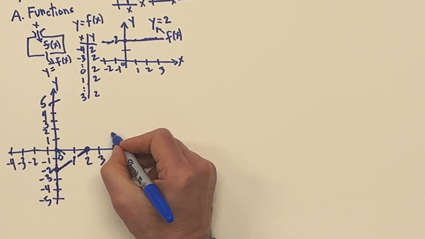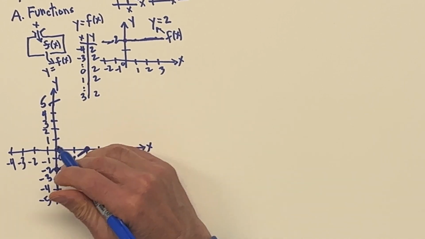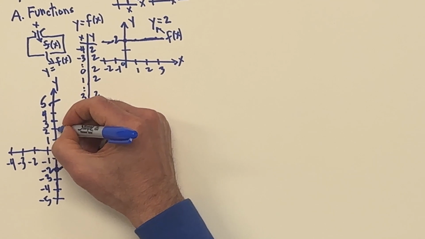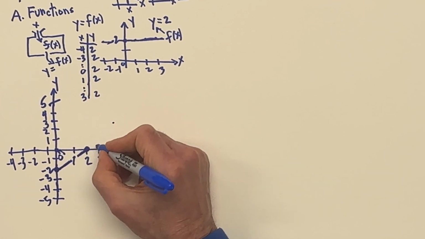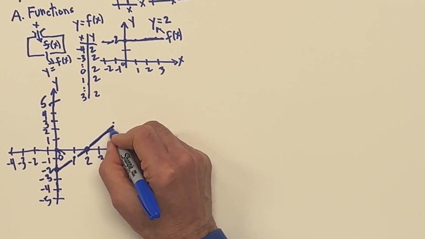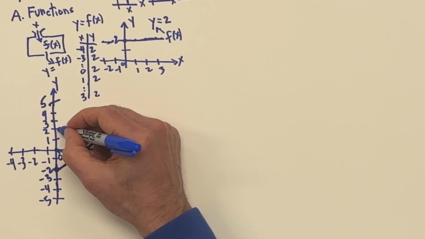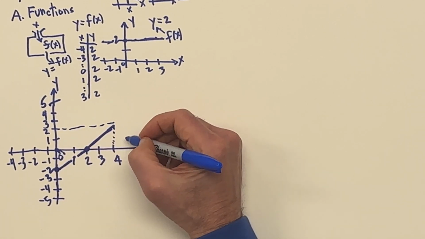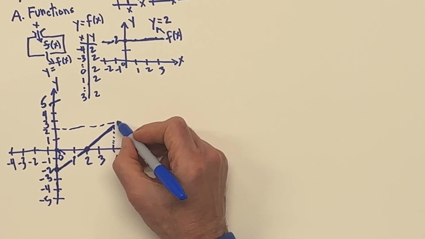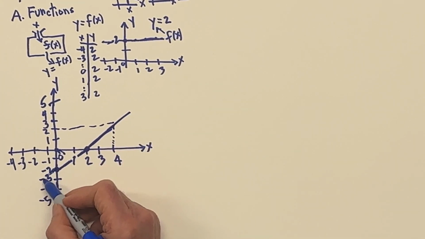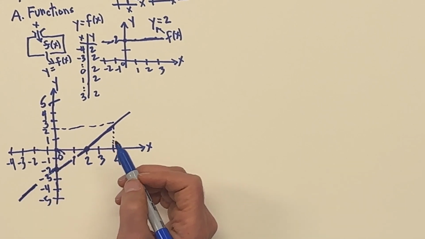So if I want to keep that in the same line, if I go over 2 to 4, I would need to go up 2 more. So that's a straight line. That would be go up 2, and then there's 2. And then that straight line there would continue on, and this way we continue in reverse.